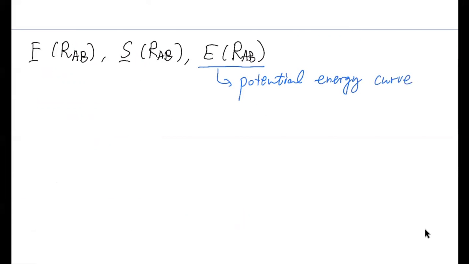Well, for hydrogen, it's really a potential energy curve. But for a polyatomic molecule with more than 2 atoms, it's actually a multi-dimensional surface, and this is the potential energy surface. Okay.